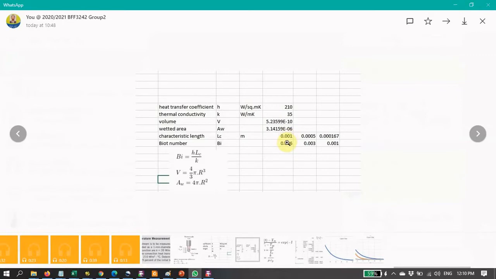With the radius as the characteristic length, the corresponding Biot number is 0.003, or we can use the ratio between the volume of the sphere divided by the wetted area. I mean the surface of the junction is all assumed to be in contact with fluid. And then we get a Biot number of about 0.001.